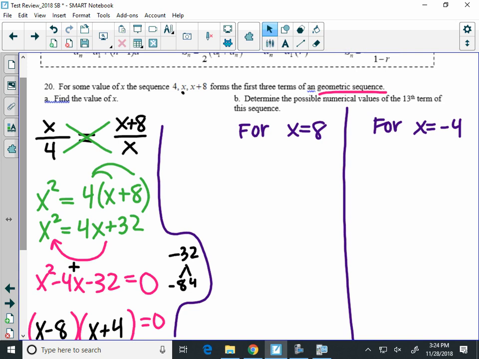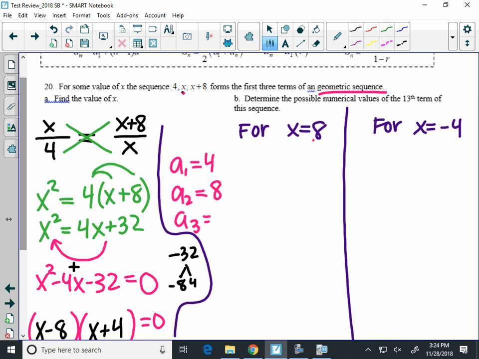So let's do what we did in the last problem. Let's find the first three terms for x equals 8. Okay? So for a sub 1, we know the first term is 4. If 8 is x, that means the second term is 8. And then the third term will be 8 plus 8, which is 16. So 4, 8, 16 are the first three terms. Well, if those are my first three terms, that means that r is 2.